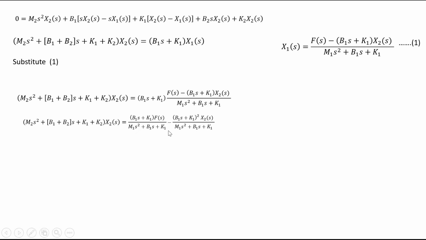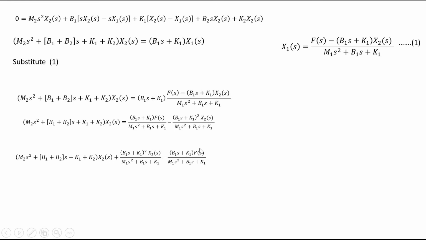So again we can take x2 of s to this side, so plus b1 s plus k1 square x2 of s by m1 s square plus b1 s plus k1, with x2 of s on this side and f of s on this side.